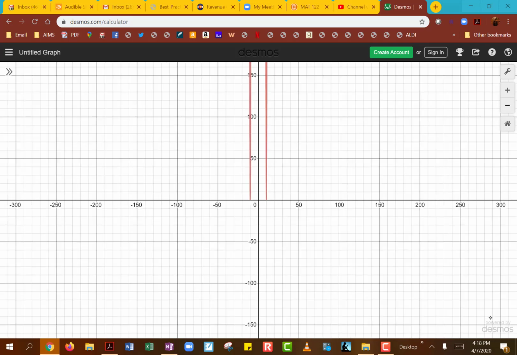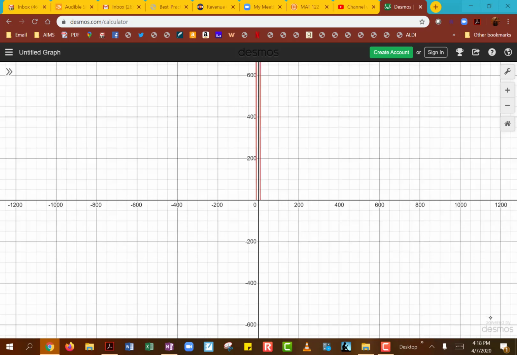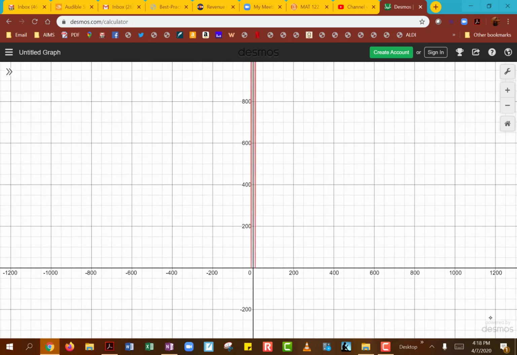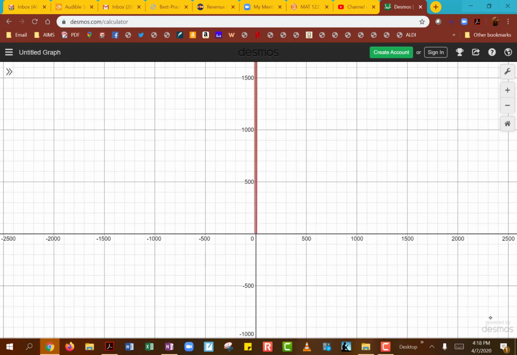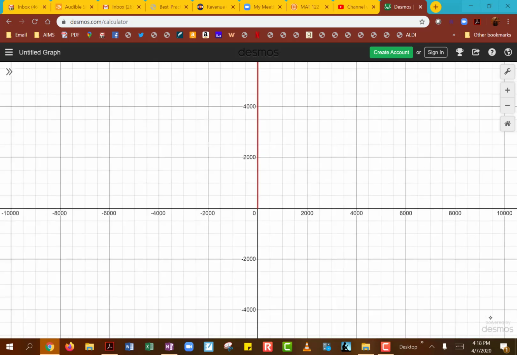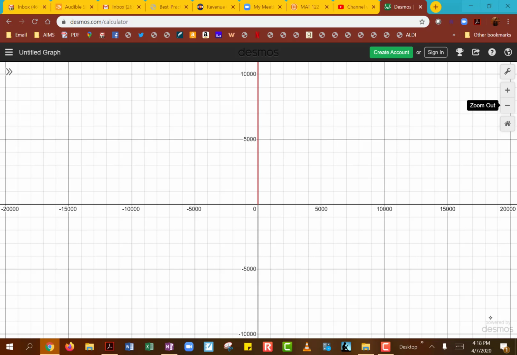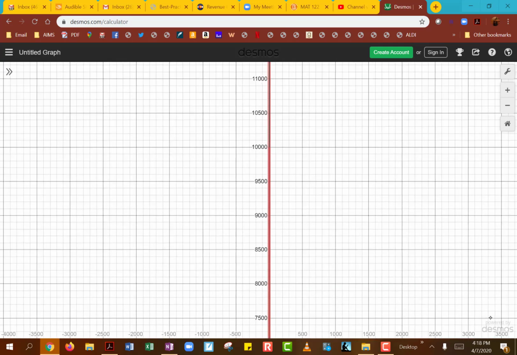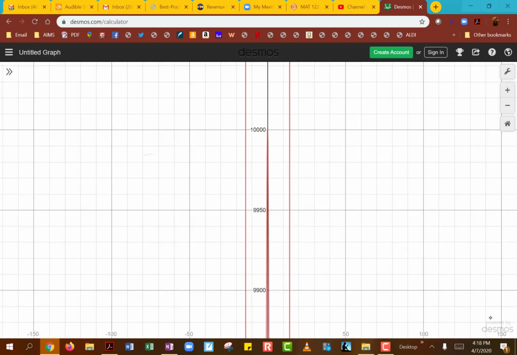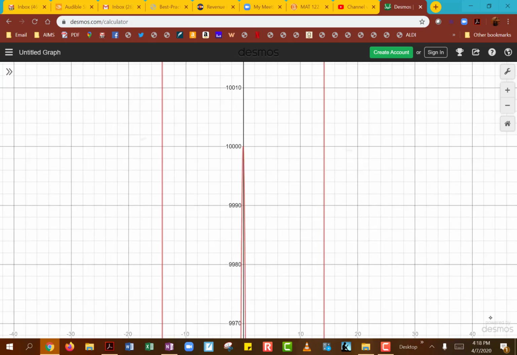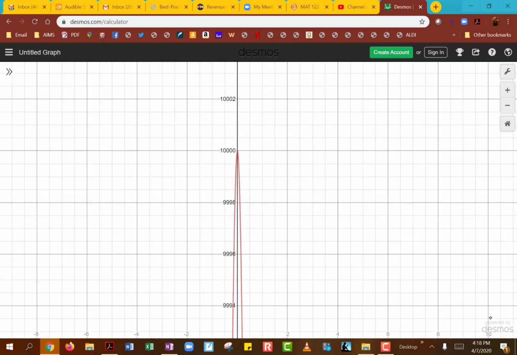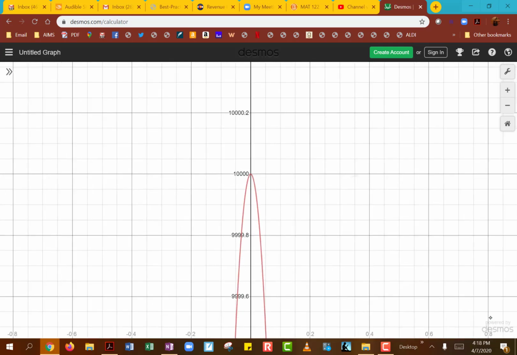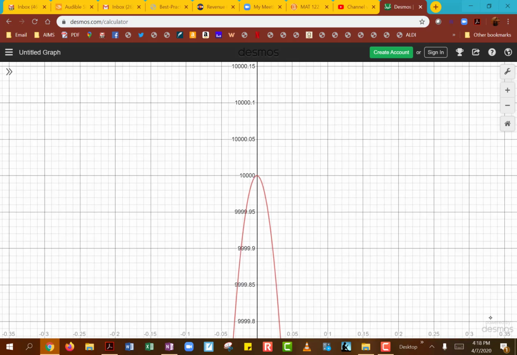And so I keep zooming out, and we still haven't made it. But look how our graph ends up looking. The more I zoom out, it just starts looking like a vertical line. And by the time I make it to that 10,000, you can't even tell that we have a y-intercept there. Now, if I zoom into that 10,000, then you can kind of see where our graph crosses the y-axis, right? But now you cannot see any of the other shape of the graph.